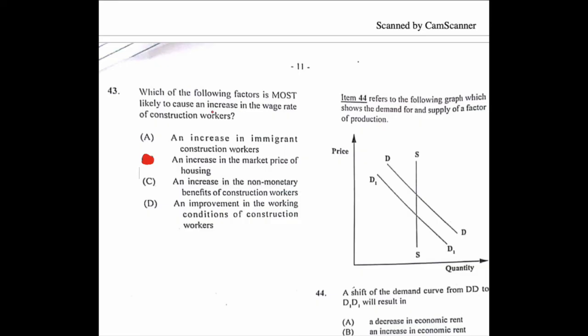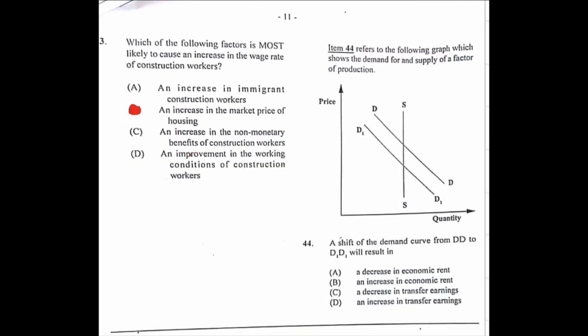So if there's an increase in the price of housing, you need to offset that with an increase in wage rate, and usually they probably do some collective bargaining through a trade union to actually get this wage rate increase. And one of the talking points would probably be that there's an increase in the price of housing. 44 says a shift in the demand curve from DD to D1 would result in a decrease in economic rent.